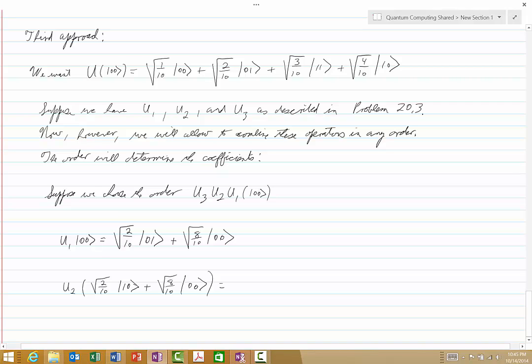Well, this is going to be the square root of 2/10 times U2 of 1, 0 plus the square root of 8/10 times U2 of 0, 0.